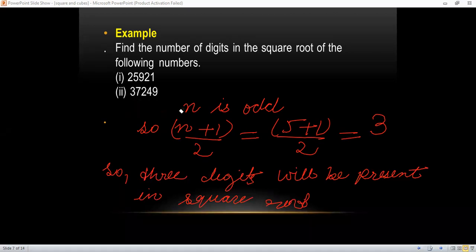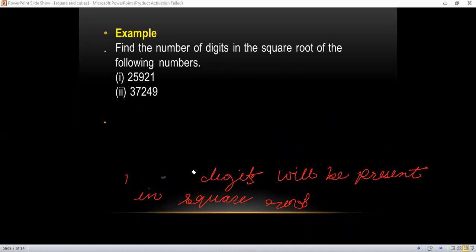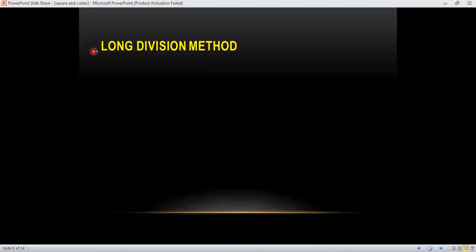Now the next topic is how we can find the square root of a large number. Let the numbers be up to 6 digits. Long division method.